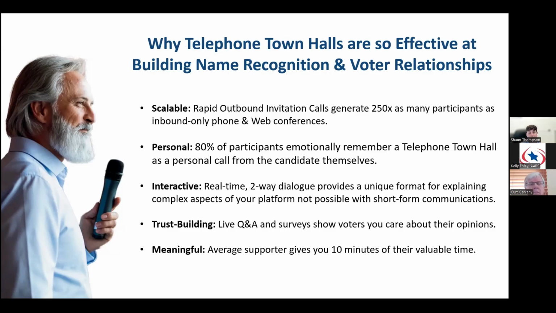And then lastly, this idea of live Q&A with your voters is again critical to building trust with them. And when voters hear from their neighbors, from their peers, the questions and the issues that are most important to them, that also helps them develop their own opinions about the candidate.